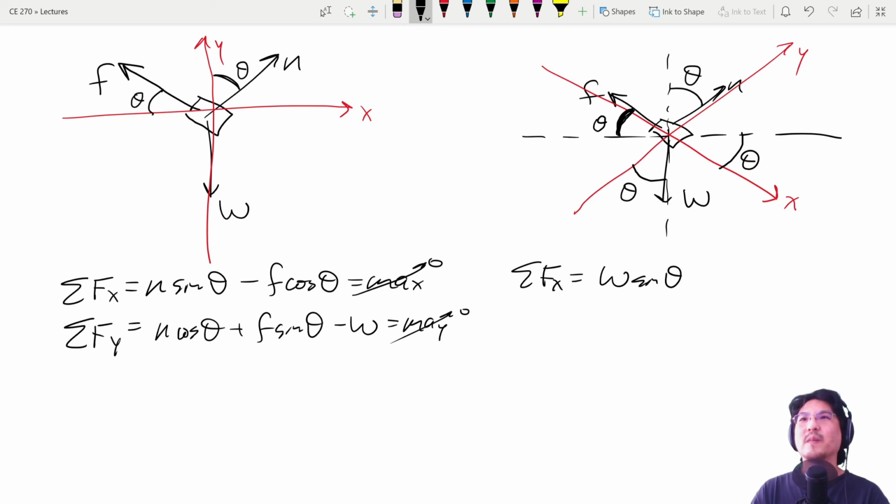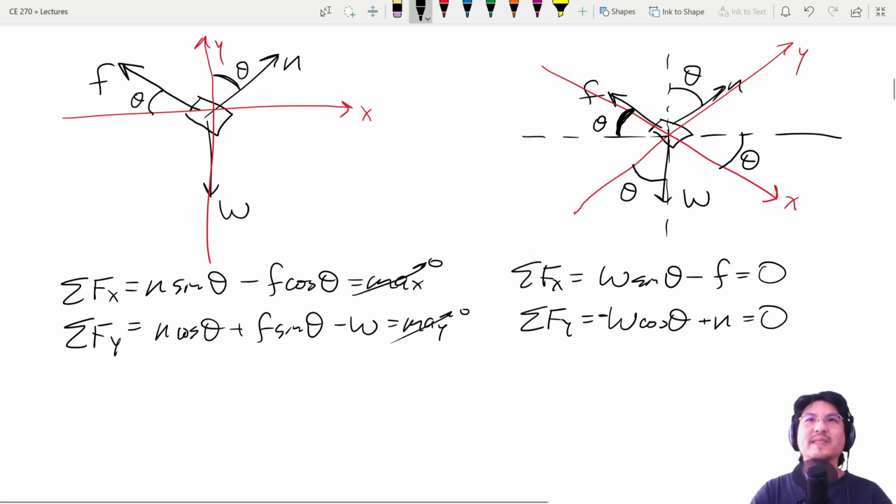The x component of n is 0, and then the x component of f is just negative. And then in y, the y component of w is negative and adjacent to the angle. The y component of n is positive, and there we go.